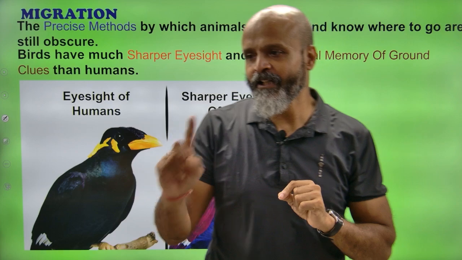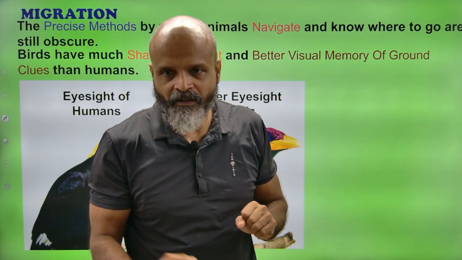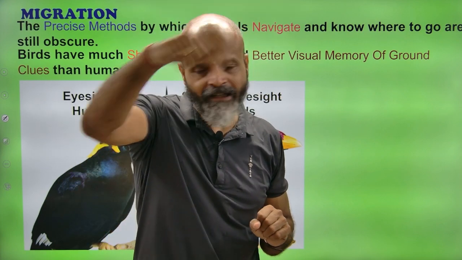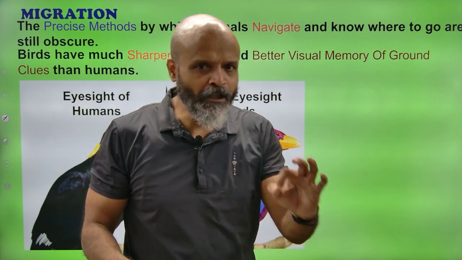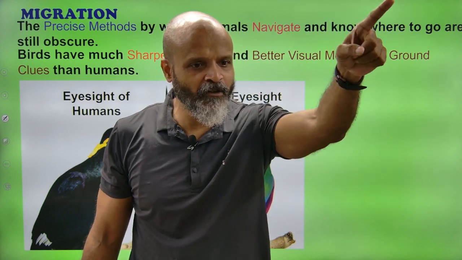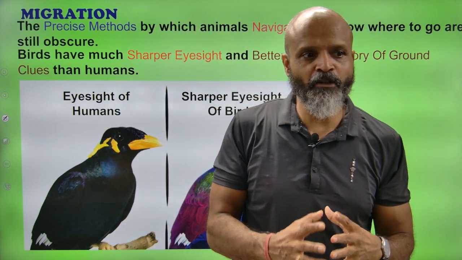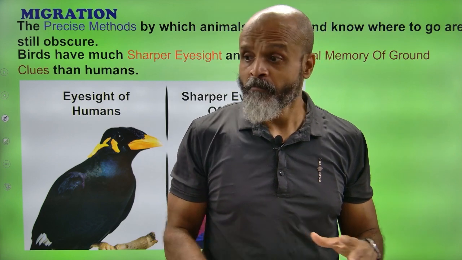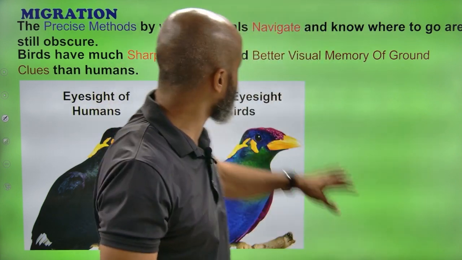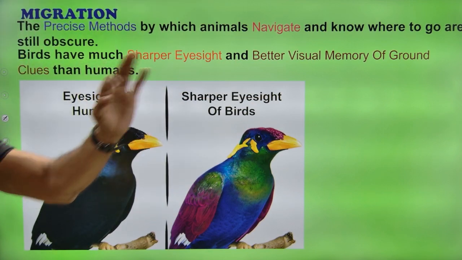See, if I tell you, let's say I will take you to a place in Vashi today. Today I take you there and I come back. Will you remember everything about each and every path, all the shops out there? Will you reach tomorrow? Maybe you will be able to reach, but you will also get confused. But every year these birds in huge numbers are flying off without any deviation.